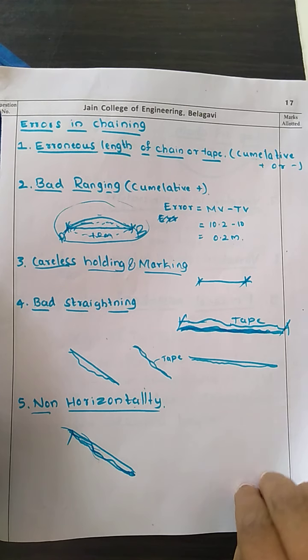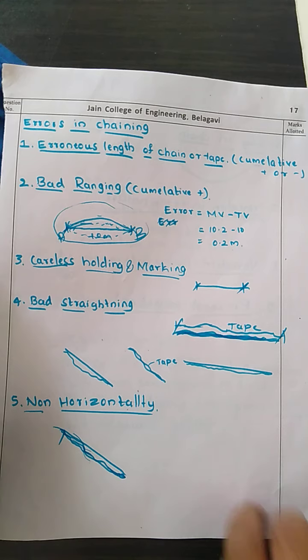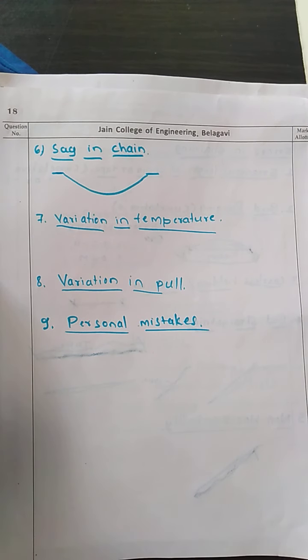Then we will have the variation in temperature. Due to some climatic conditions, there will be some increase in temperature, and due to the rise in temperature, the length of the chain or tape is going to increase.